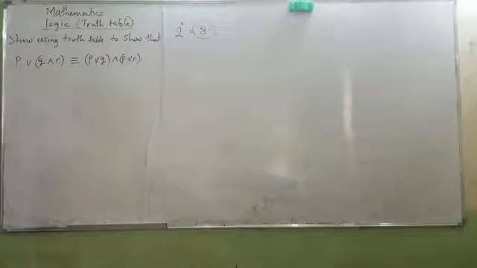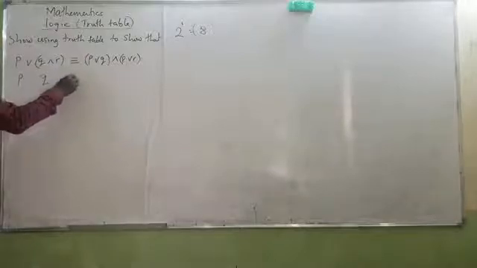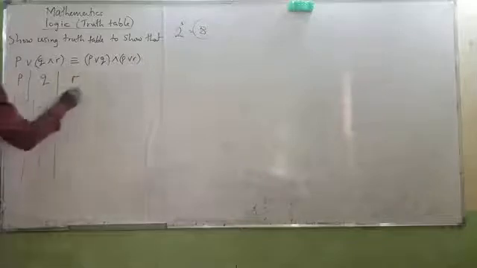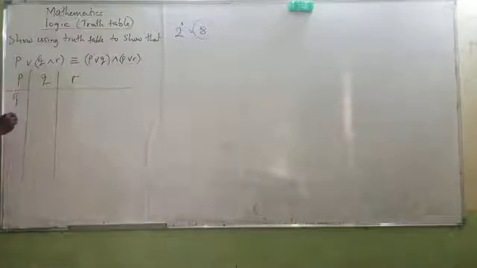What are the arguments? I will now have P, Q, R. Now, true, 1, 2, 3, 4, false, 1, 2, 3, 4.